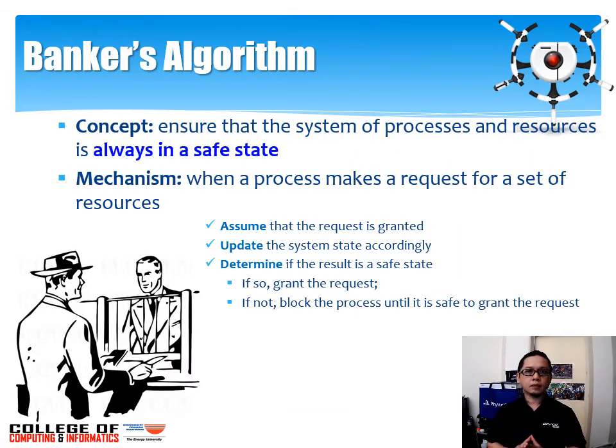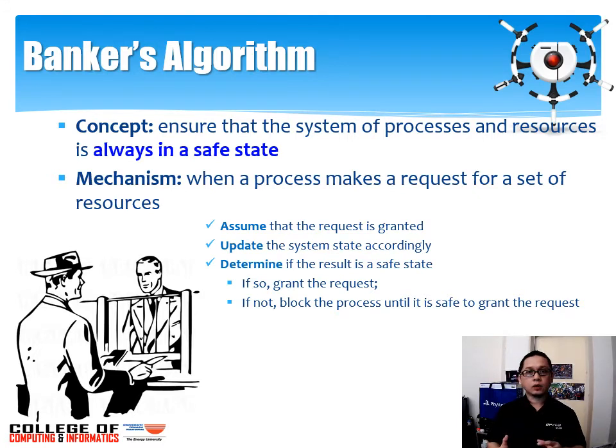The concept in this method, also known as the banker's algorithm, is that just like a bank, you cross-reference the request with the availability of the resources in the system. In order to determine whether a process can proceed or not, you determine whether the execution is safe or unsafe.